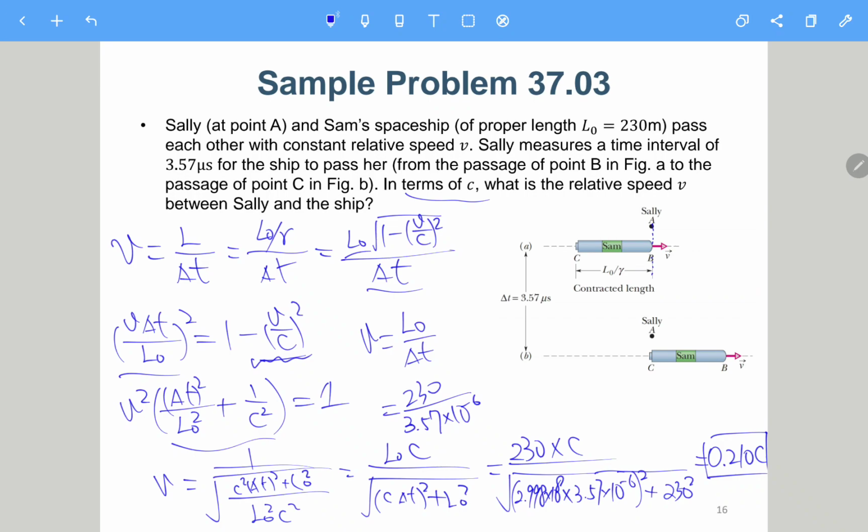So 230 divided by 3.57, this v will be 6.4 times 10 to the seventh power, divided by 2.998. So this is around 0.215 C.